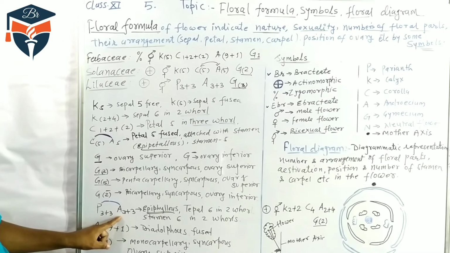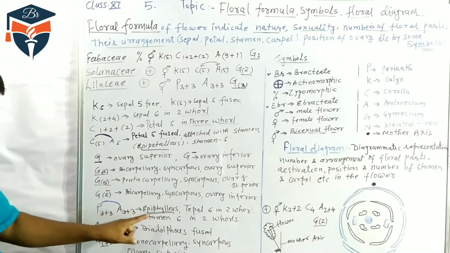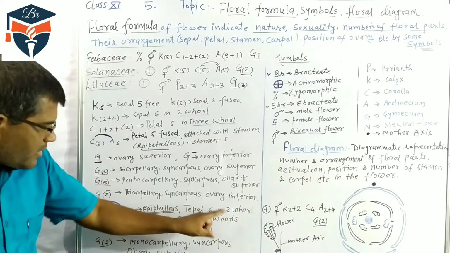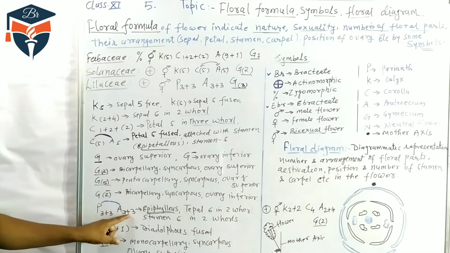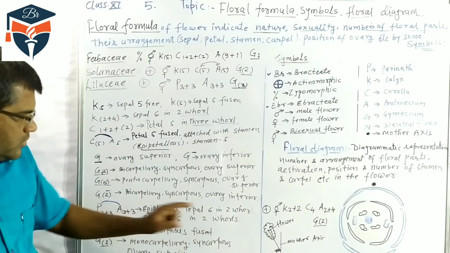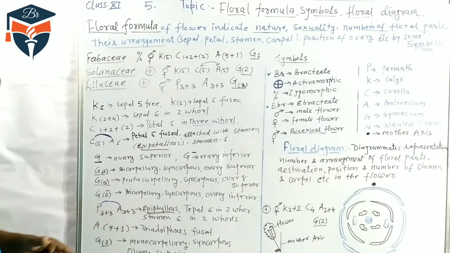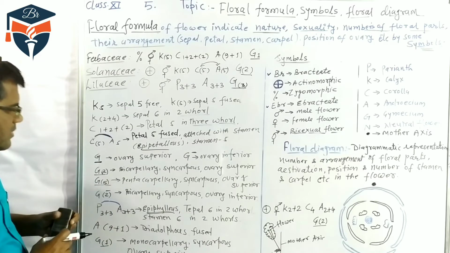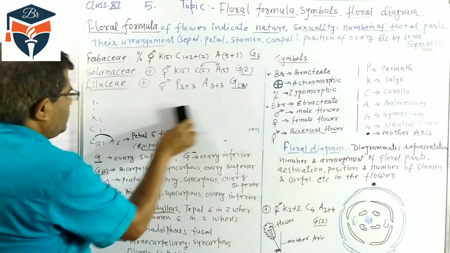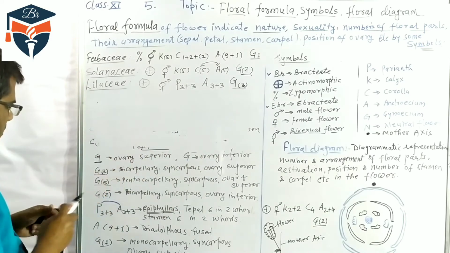Here anthers are also 3 plus 3. So the total number of stamens is 6, and the total number of tepals is also 6, and both are arranged in 2 whorls. If they are attached with each other, it is called epiphyllous.